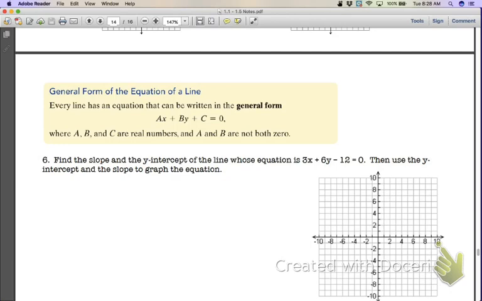I always want to make my a value positive. Everything else I'm not worried about, but that's the only real stipulation that I have with standard form: a is positive and a whole number. I don't want it to be a fraction. I want it to be a positive integer, basically.